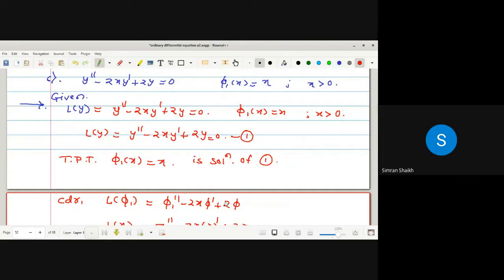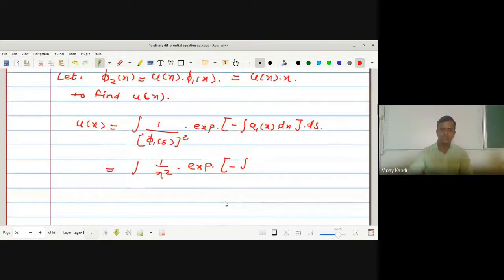Minus, what is a1? Minus 2x. So here we get a1 is minus 2x dx into ds. Here, taking ds or x makes no difference. Phi 1 of x is x, so phi 1 of s is s.